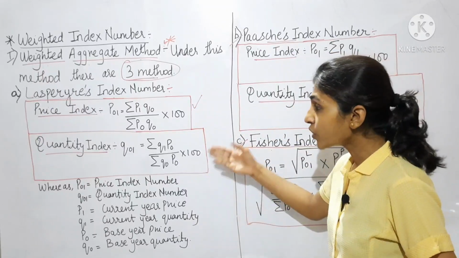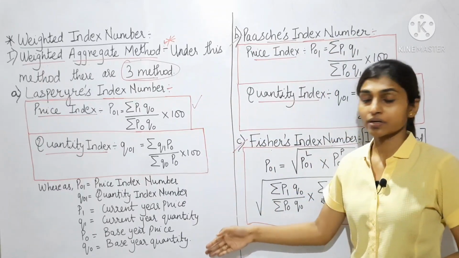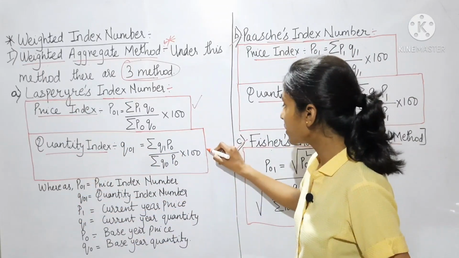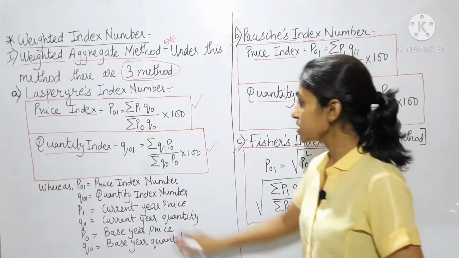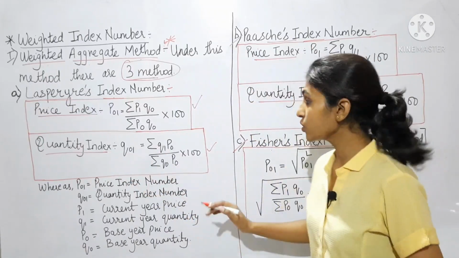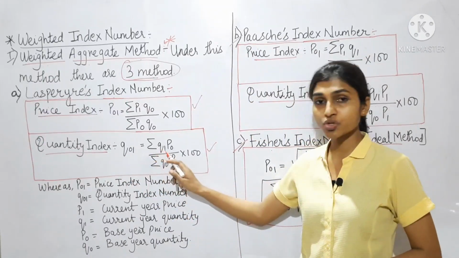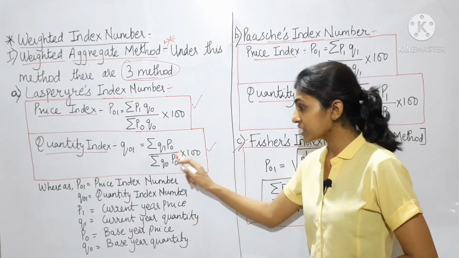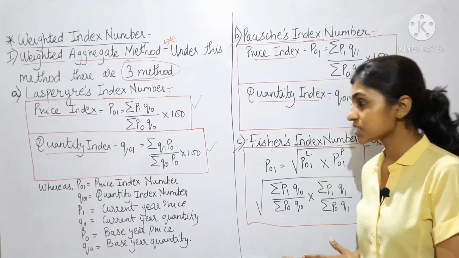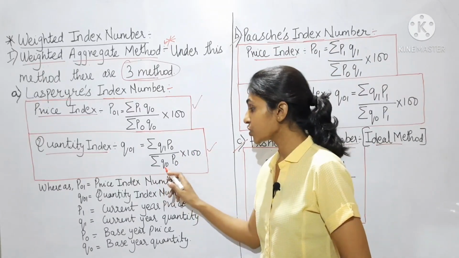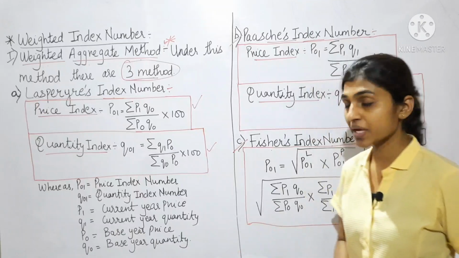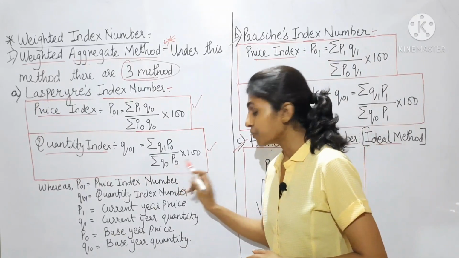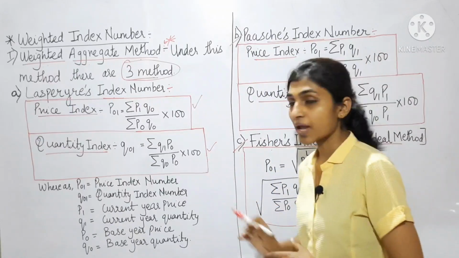If you want to find the quantity index number by using the Laspeyres method, the formula is Q01 equals summation of Q1 P0, that is quantity of current year and price of base year, divided by summation of Q0 P0, quantity of base year and price of base year, multiplied by 100.